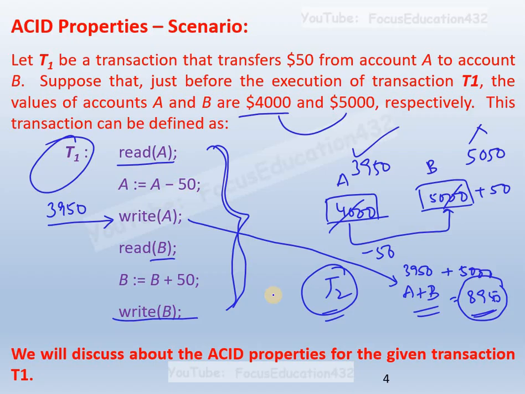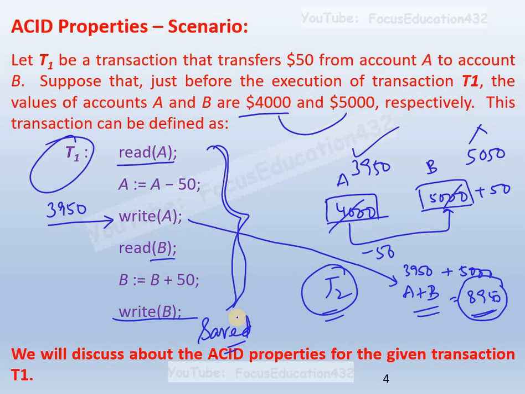That means the database system should display a message that the changes have been done. Right? The changes have been done. So once the user gets the message that the database is saved, right, then in case of any failure, the database should show consistent or correct values.